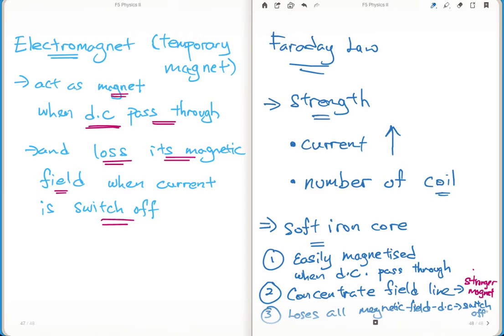That's why you use soft iron core. You know the importance of it if you have gone through at least 15 objective questions. They will talk about soft iron core.